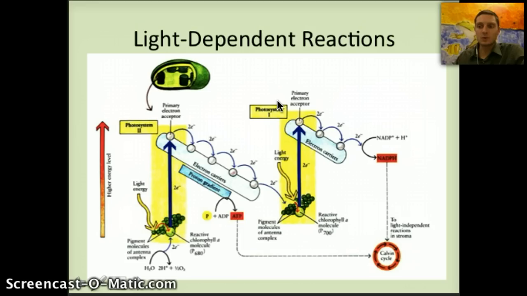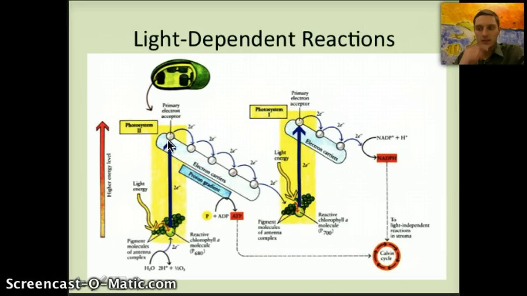That light absorption strikes specific pigments within the thylakoid that are boosting electrons to a higher energy level. So here's our light, and it's absorbed and bounces across a number of different pigments here. What that's doing is exciting these electrons, and it's going to move them to the primary electron acceptor.